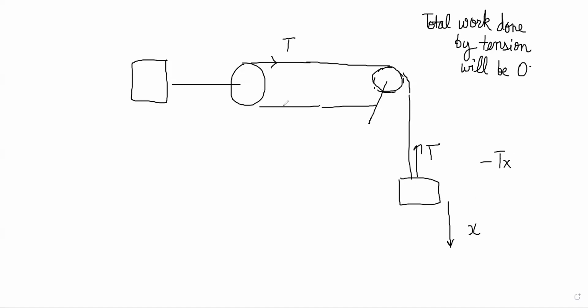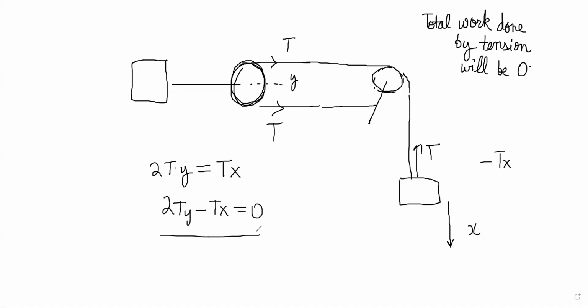And here the tension is T and T, and work done by tension here would be basically 2T into y, right? Yes, sir, because this has gone ahead by y. So they will say 2T into y minus T into x is 0. Total work done by the string's tensions is adding up to 0, right?